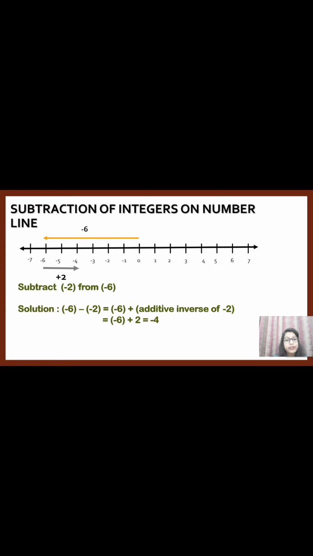As I told in additive inverse, so -2 का additive inverse क्या हो जाएगा? +2 हो जाएगा. So now we can add. -6 plus 2 is equal to -4. That is, I have to go towards the left direction up to the point -6, that is from 0 to -6: -1, -2, -3, 4, 5 and 6.